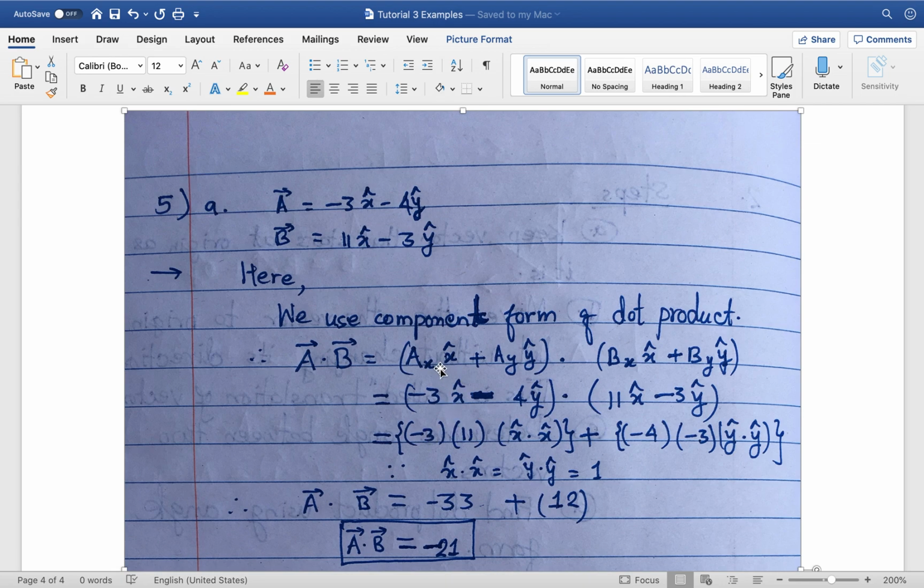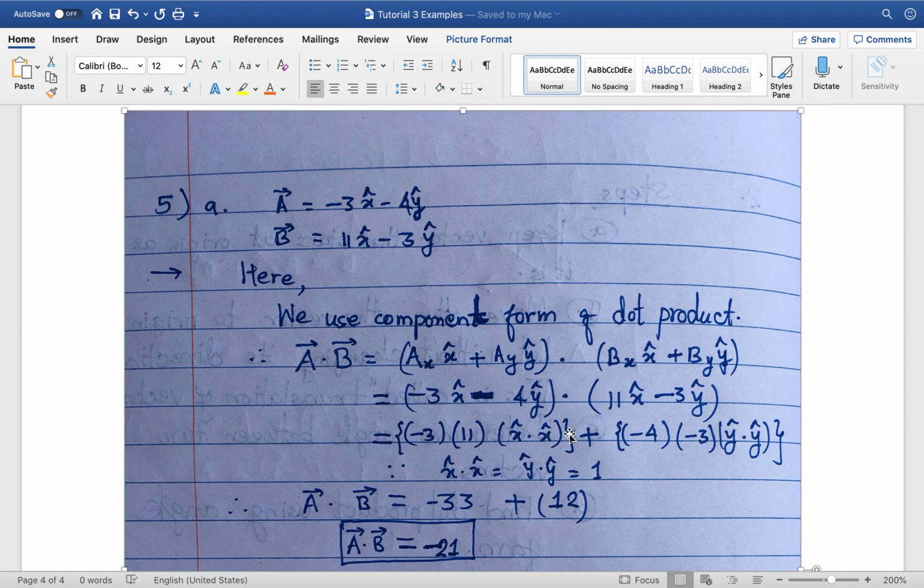The dot product of this part must be dotted with this whole thing, but anything with x hat dot y hat will not survive. The only thing that survives is the dot product between x hat and x hat. So this guy here, minus 3 times 11, and then x hat dot x hat again.